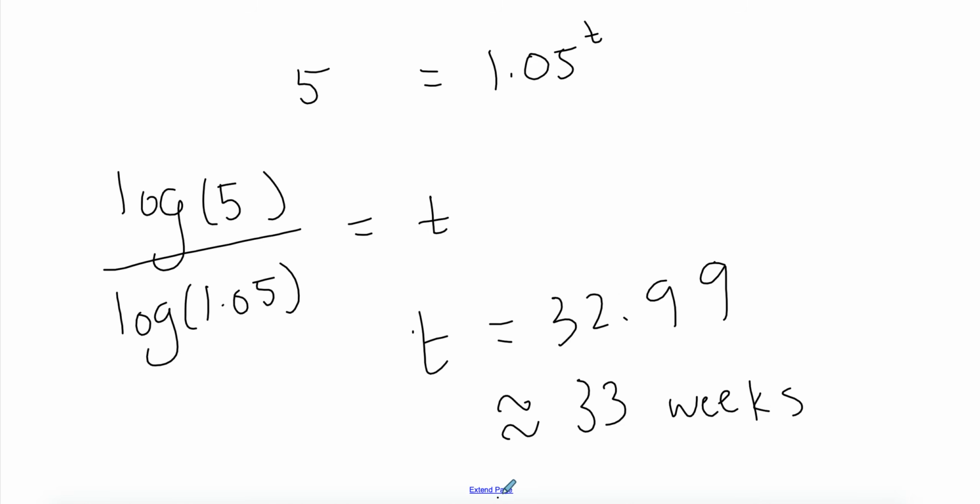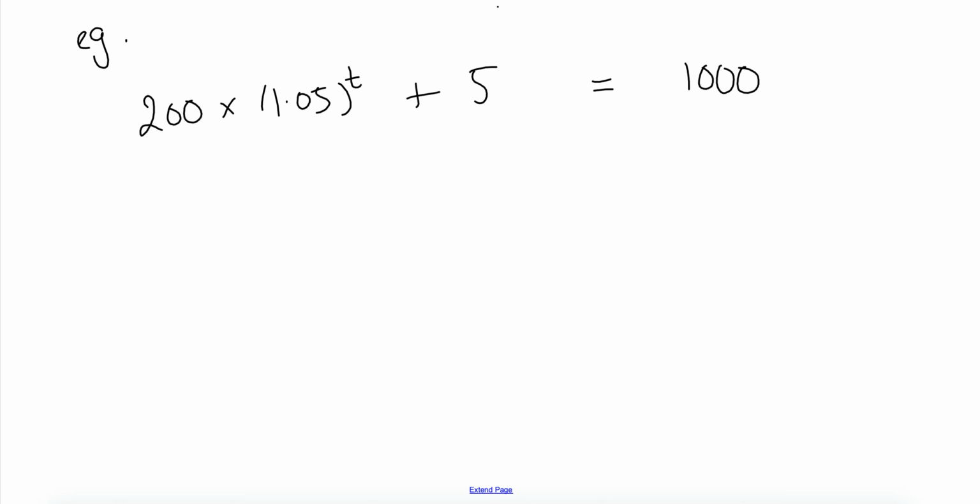So using logarithms. Just one thing to note, for example, if it was 200 times 1.05^t plus 5, and we wanted to know how long it's going to take to reach 1,000, you're going to have to deal with this first.